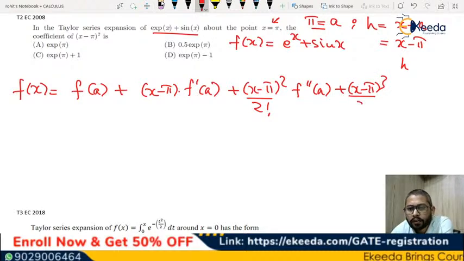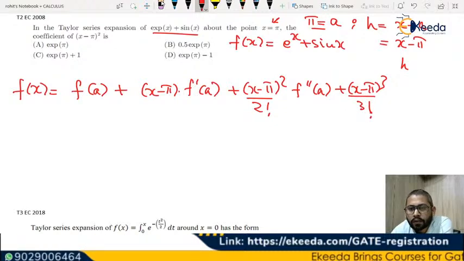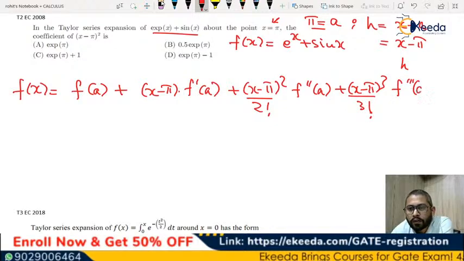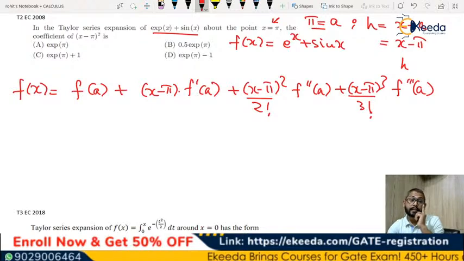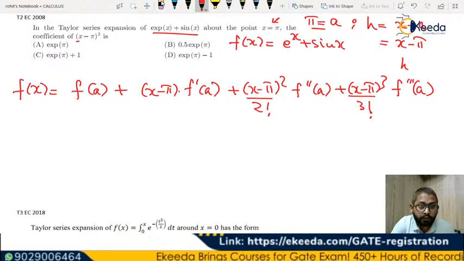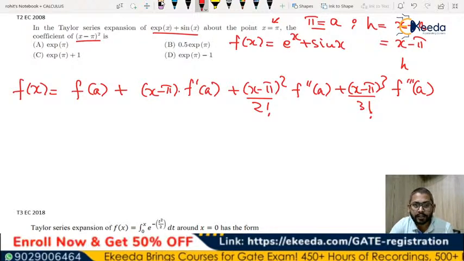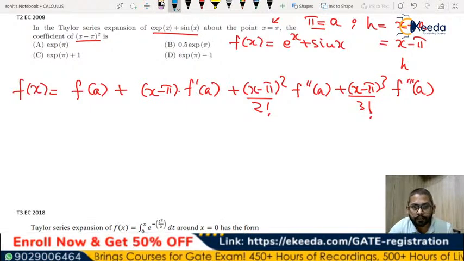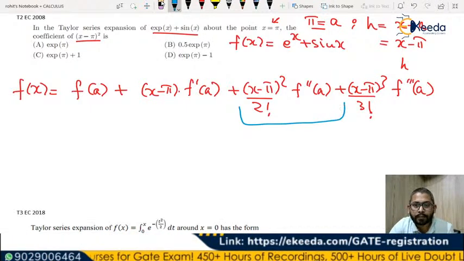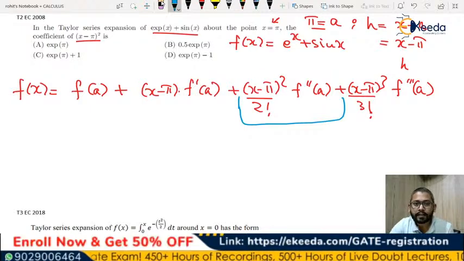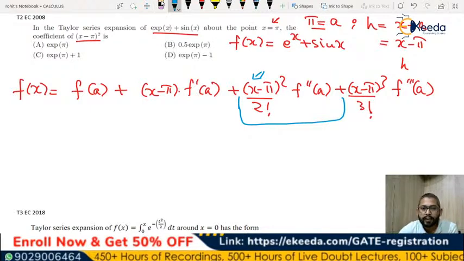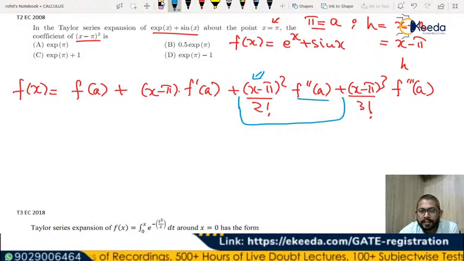Higher orders and so on. So what they are asking is the coefficient of x minus pi square. So this is the term we have here, which is containing x minus pi square, right? This is that term. So the coefficient of x minus pi square is this divided by this.